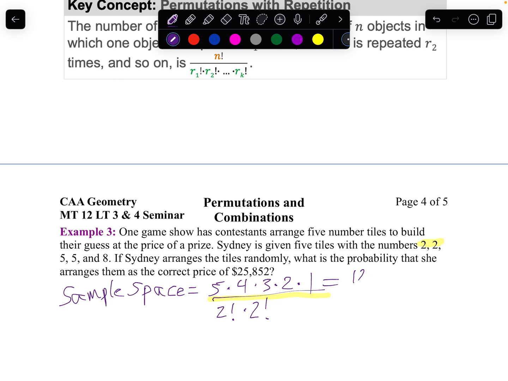Let's write that as a decimal, because I like to put probability as a decimal. And we get 0.03. So she's got a 3% chance, maybe a 3.3% chance of winning, just by picking them randomly.